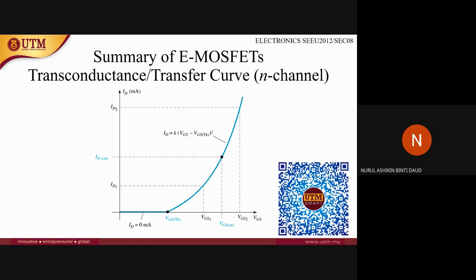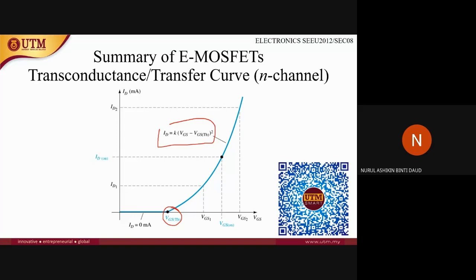Please note that for MOSFET, these are the threshold voltage. The threshold voltage is the voltage that turns on the MOSFET. Okay. All right. So these curves come from this equation.